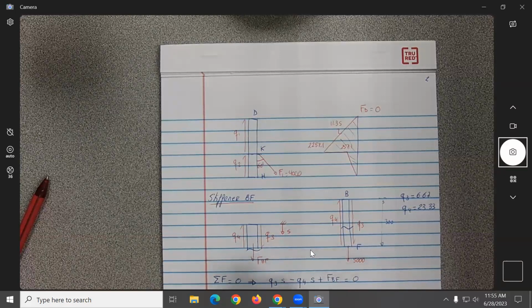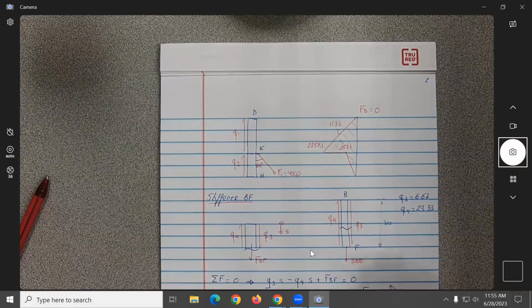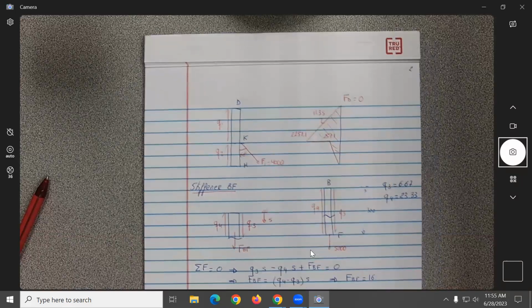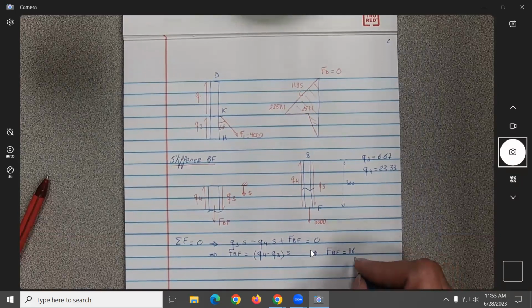So this will give you FBF equal to Q4 minus Q3 times S, which gives 16.667 S.